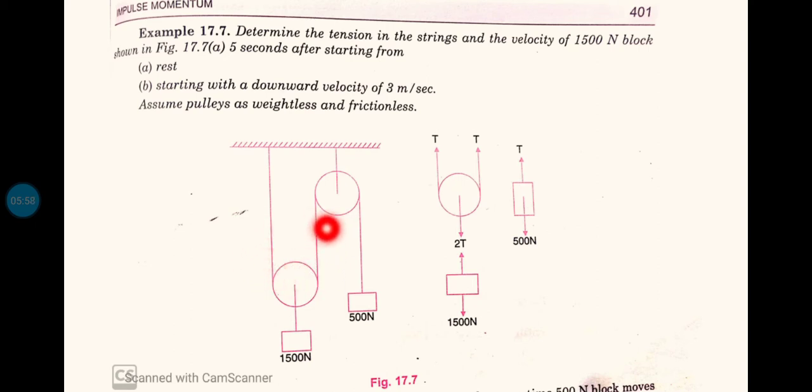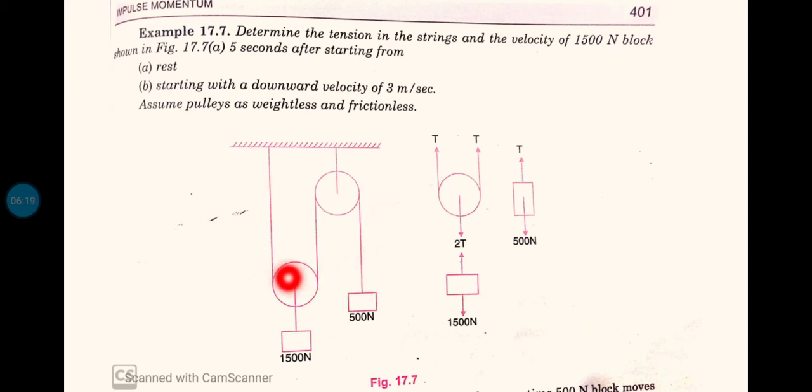So the total distance of this rope is 2x. That much distance is to be provided from this side. So if the pulley with 1500 Newton is moving downward a distance of x meter, then the 500 Newton weight will be moving double that distance, that is 2x meter.